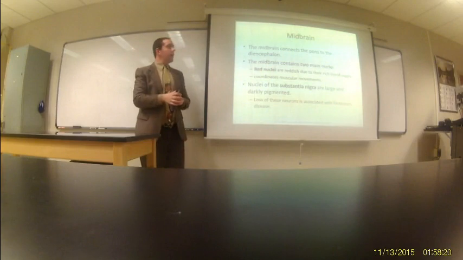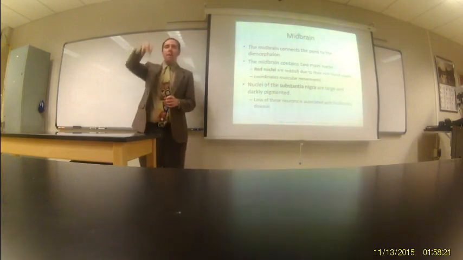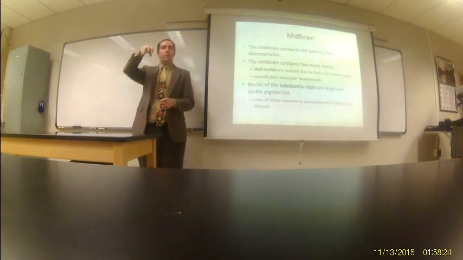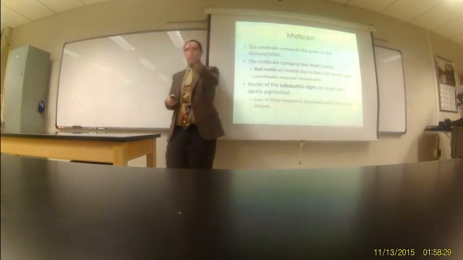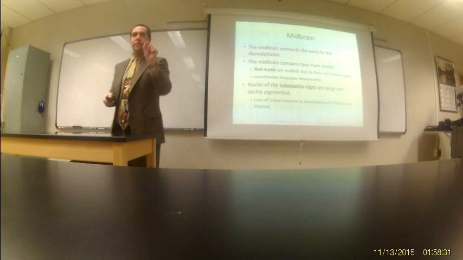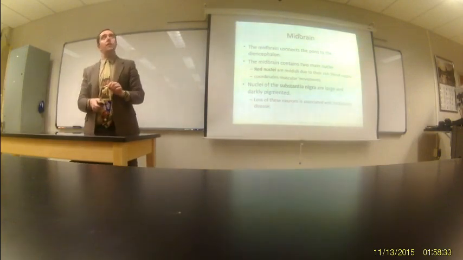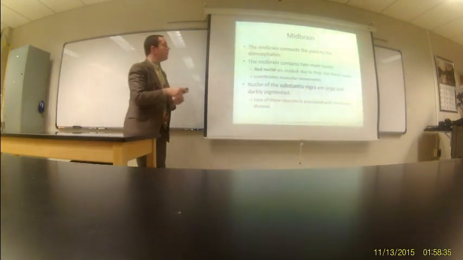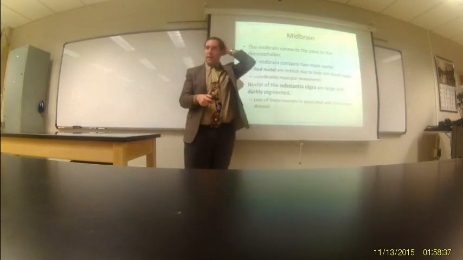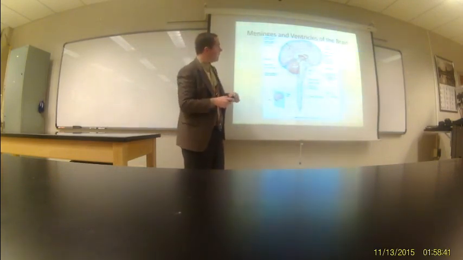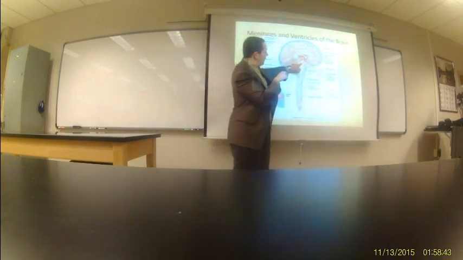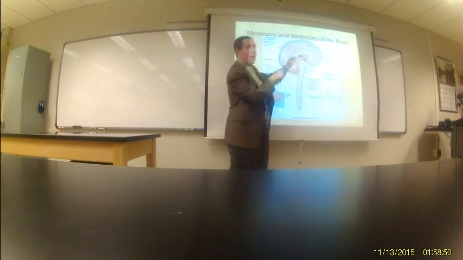It's going to connect the pons, which is the middle part of the brainstem, to the diencephalon, which is in the upper part of the brain. If I go back here, this is the midbrain, and this is the diencephalon. So the midbrain is what actually connects them together.